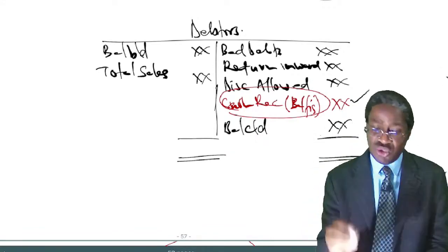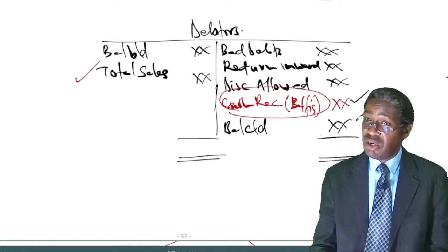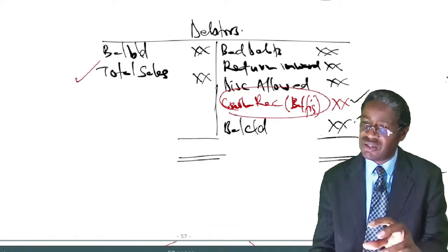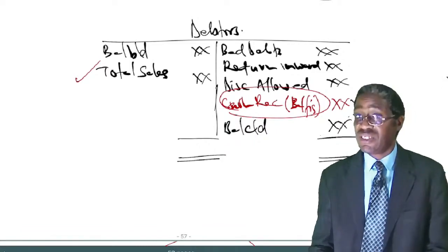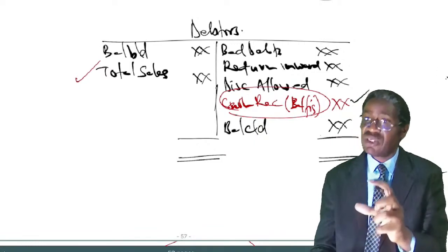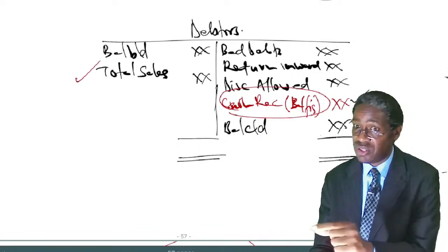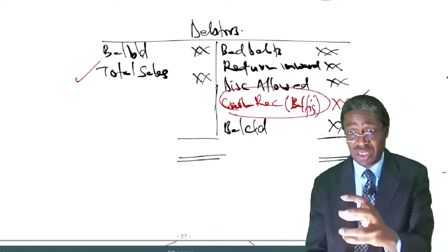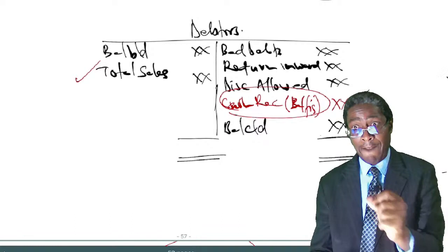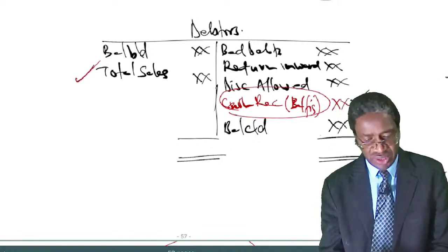Why? Because you have used the total sales. But if you only use credit sales, then the balancing figure will represent only the cash received from debtors or credit customers. But because we are looking for cash received from all our customers, we are saying use the total sales.